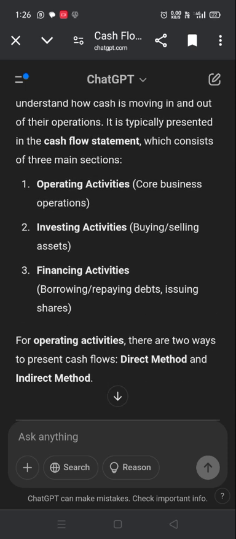Financing activities: borrowing, repaying debts, issuing shares are performed in financing activities. These are the three categories or three activities performed in the cash flow statement.